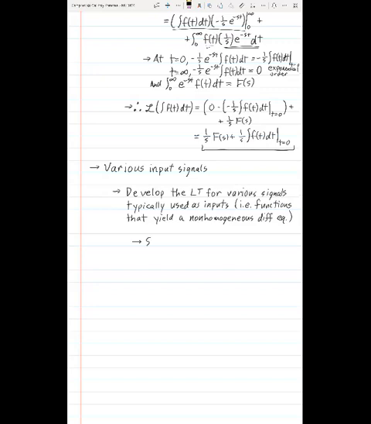So the first transformation is one that we use all the time as engineers, which is the step function. And so why do I say that we encounter and use this? Well, think about it this way. Let's say that we have some system that we have asked to be at one value.